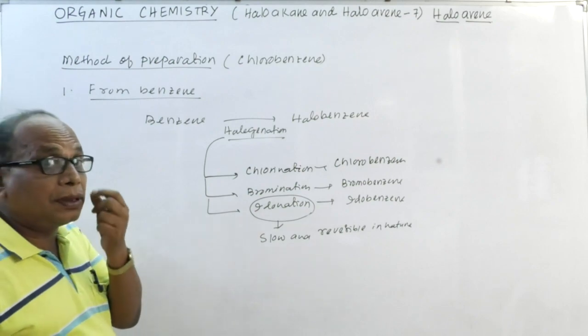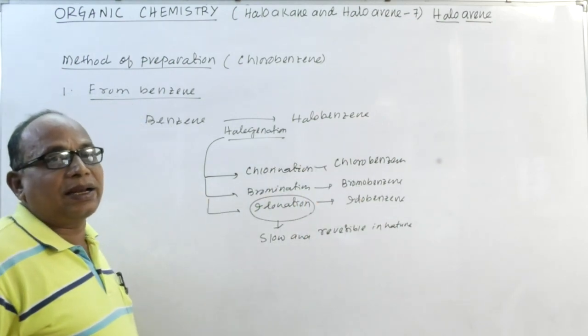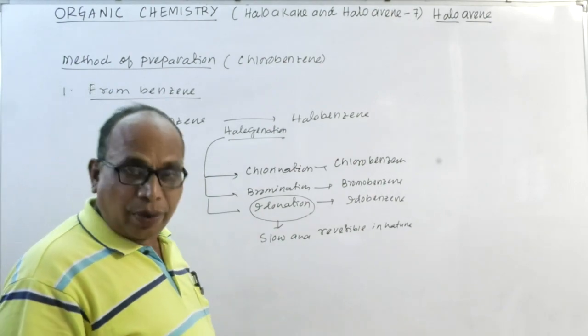Reversible means the reactants react to form the product and the products react to form the reactants again, a reversible reaction. If it is a reversible reaction, then it can attain equilibrium.